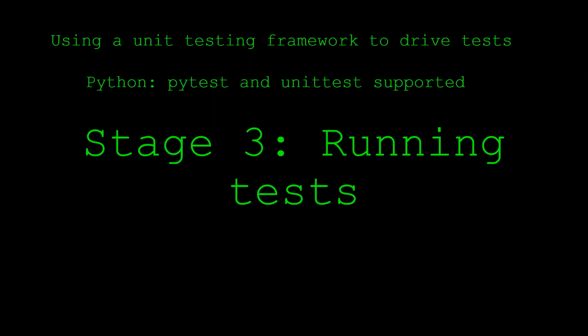The Python SDK supports both PyTest and unit test, as you probably know. The Java SDK, for example, supports both JUnit and TestNG, so both JUnit 4 and 5 and TestNG, so you can use that as well. But typically the way you run tests from the command line is by invoking the unit testing framework and telling it which part of the code base to look in for tests.